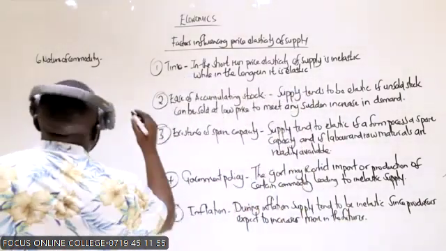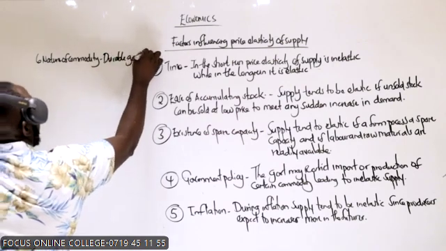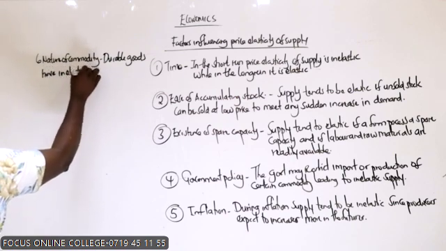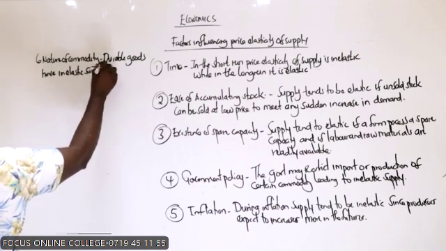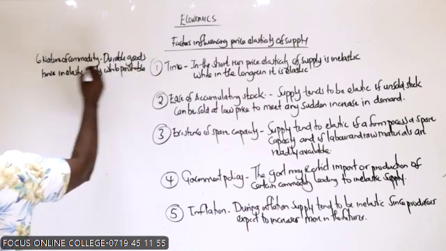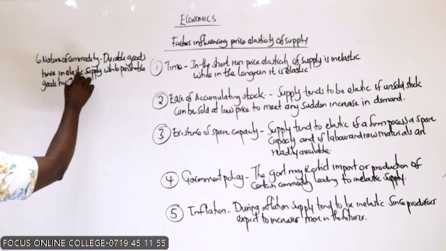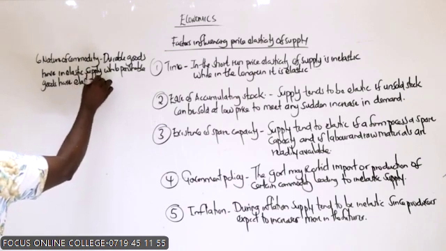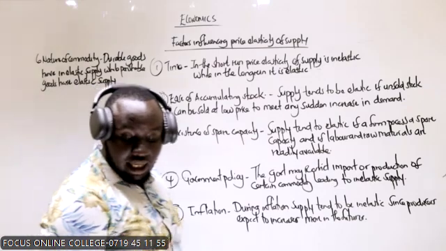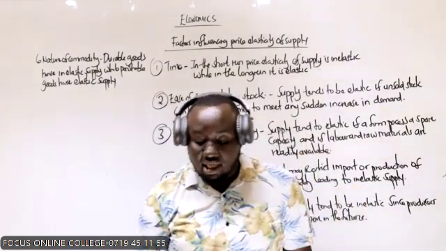So durable goods, we say, have inelastic supply, while perishable goods have what we call elastic supply.